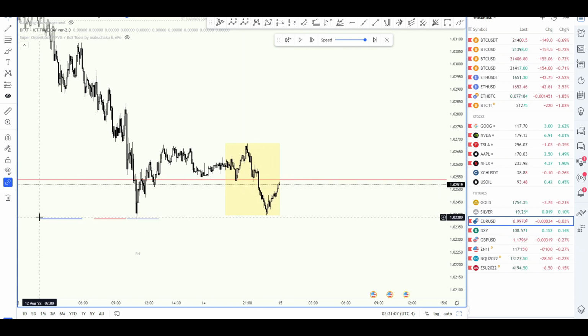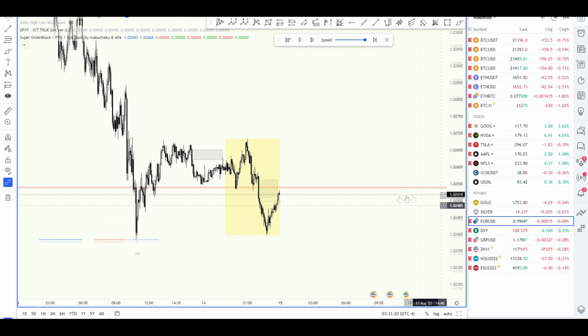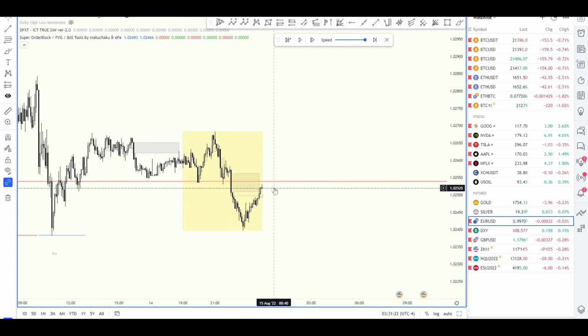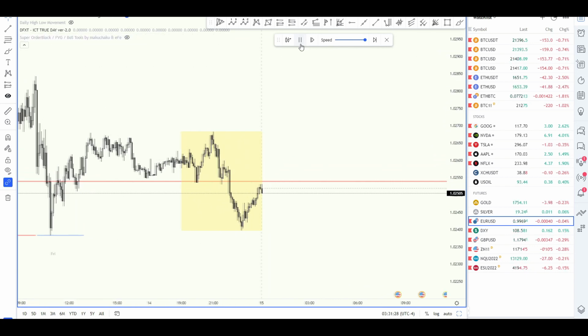So I'll be able to see when the London session starts, and I'll be able to see the high and low of the Asian session. And the next tool is basically used to see fair value gaps. As you can see, it shows us the fair value gaps. So we can begin our backtesting.